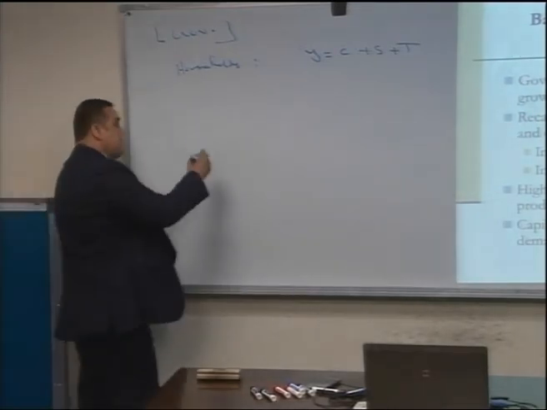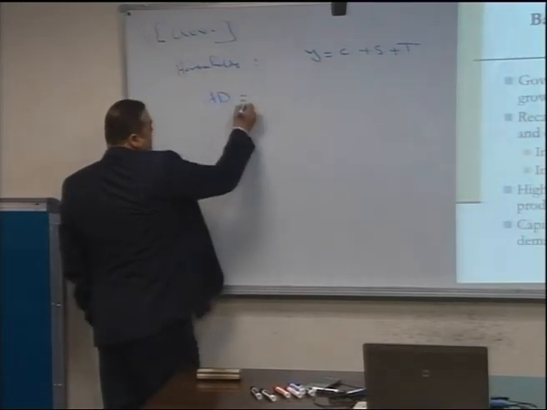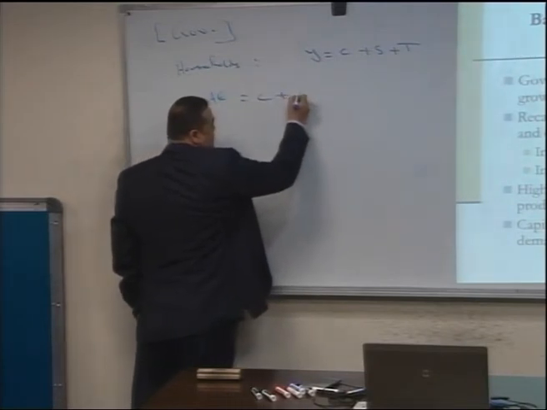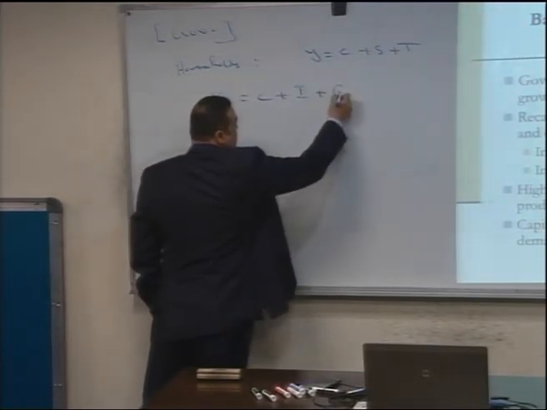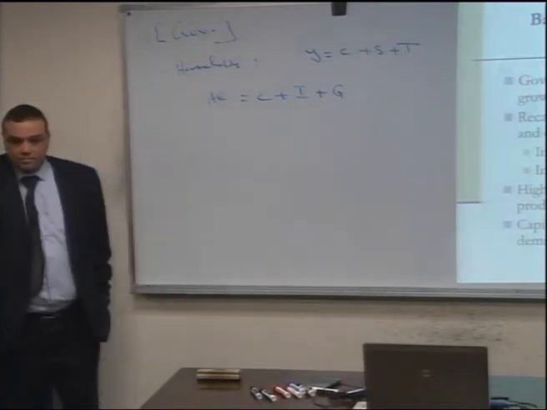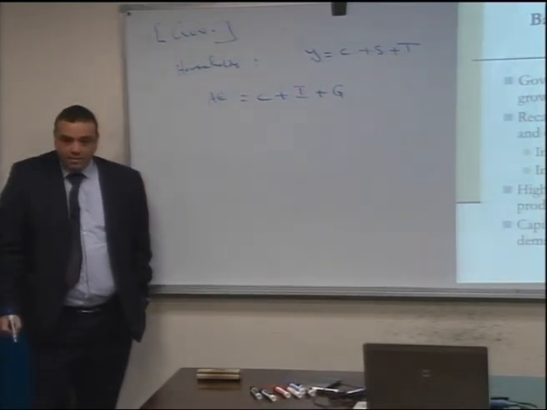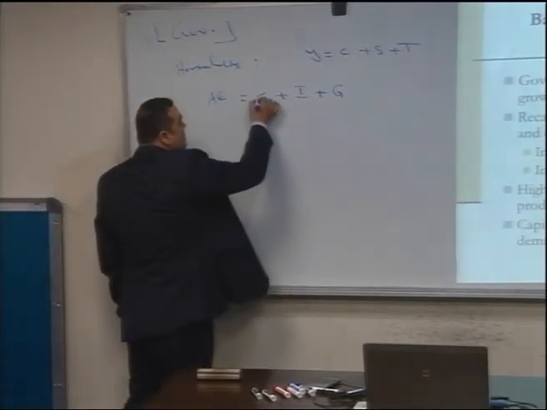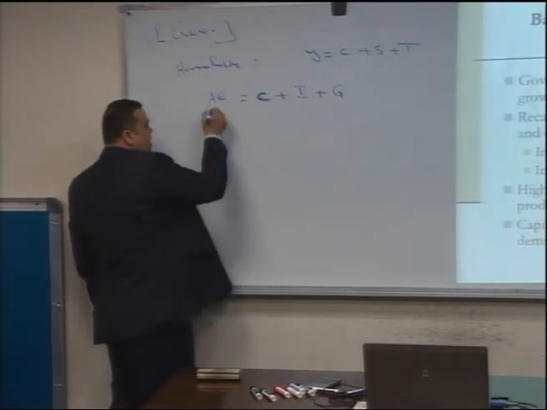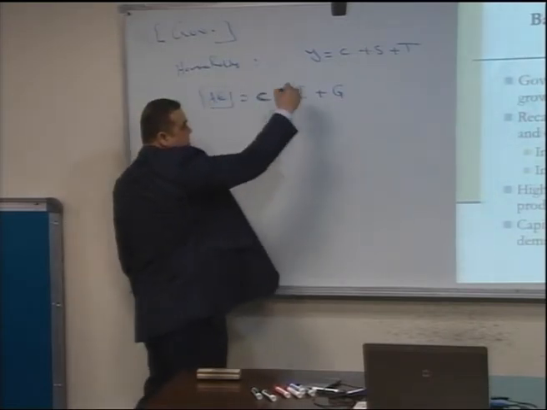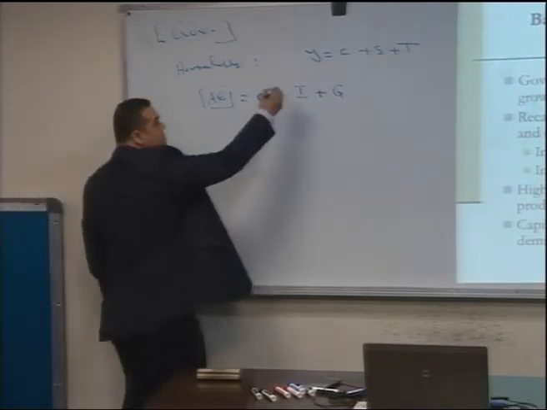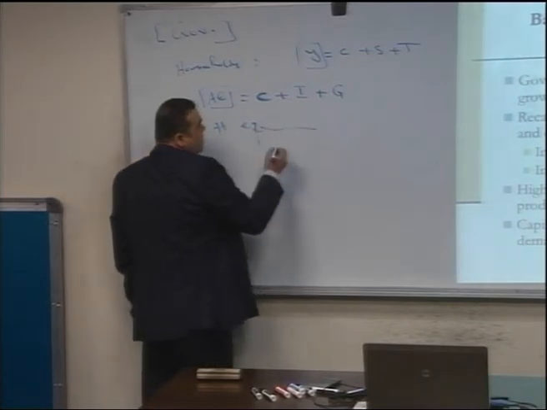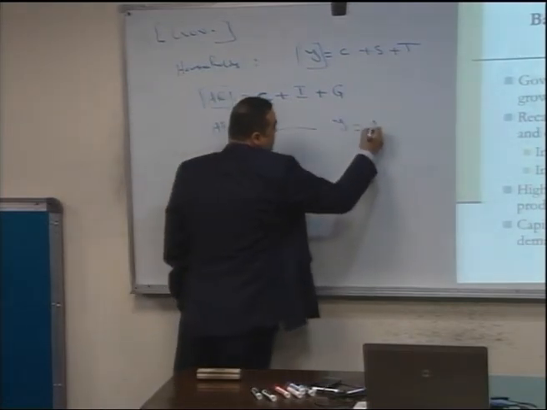What about the aggregate demand or aggregate expenditures? C plus I plus G. Right? Okay. At equilibrium, Y equals aggregate expenditure.